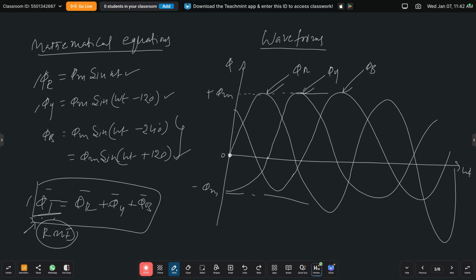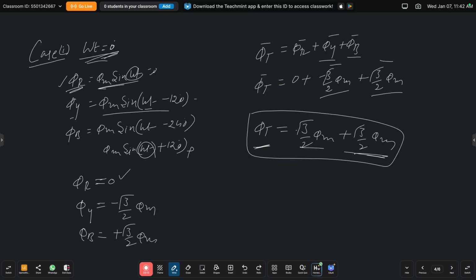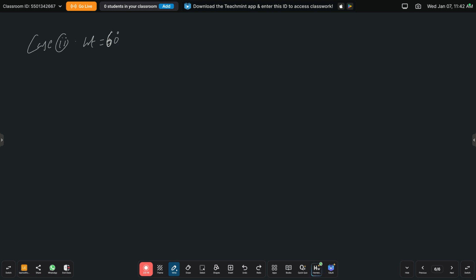Substituting omega t equal to 60 degrees in these three equations, we get phi r equal to plus root 3 by 2 into phi m, phi y equal to minus root 3 by 2 into phi m, and phi b equal to 0.